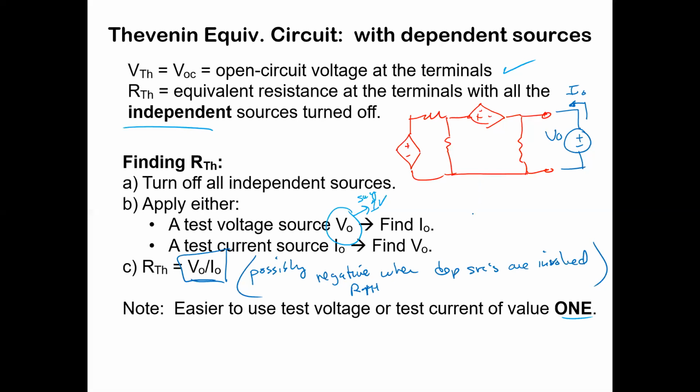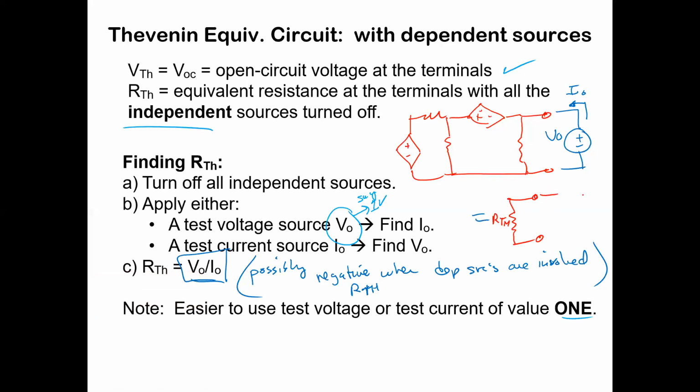So again, the equivalent of that is, even with the dependent sources, you're still able to reduce this to a circuit that doesn't have any independent sources. And when there are no independent sources, the Thevenin voltage is 0.